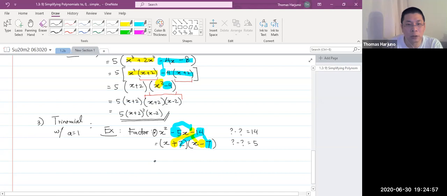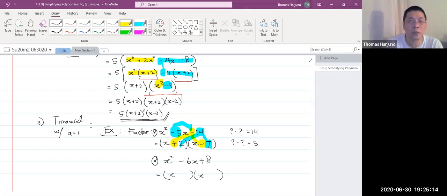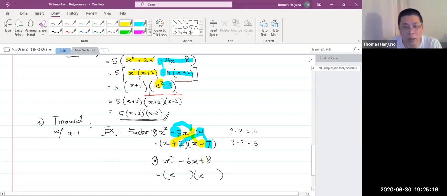Now what happens if we have positive ones on the last term? Let's say x squared minus 6x plus 8. Then if it is factorable, it must be parentheses and parentheses, x and x. Now, because the sign here is positive, these two signs must be the same, either both positive or both negative.